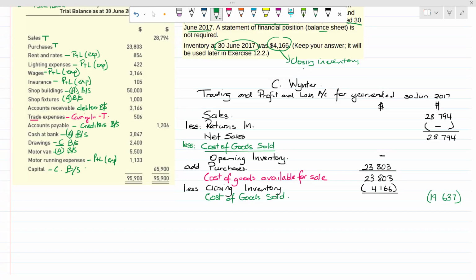Right. So here, what we're doing in this little section is we're trying to work out what this figure is. Because I had put a figure by less cost of goods sold. I don't know how I got a figure there.